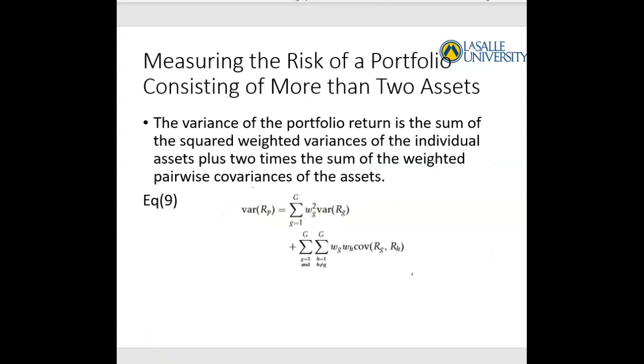So far, in order to understand portfolio theory, we have gone over the formulas to calculate returns for both individual stocks as well as portfolios of multiple stocks, as well as measuring risk and covariance for individual stocks and portfolios.